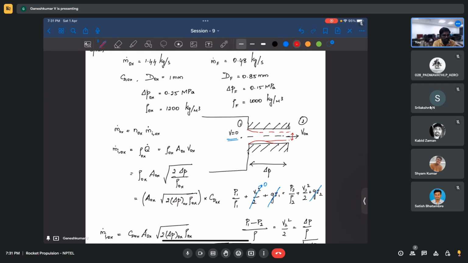And shear stress is one of the important factors.